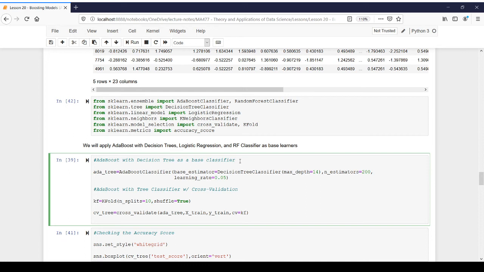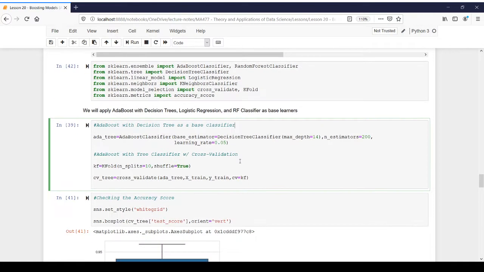If you pick too many estimators, you can still overfit it. So you have to keep that in mind when you're building these models. That's why you always want to use cross-validation and tune the parameters.